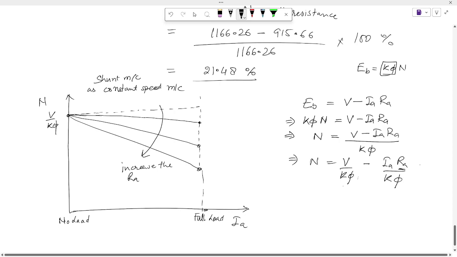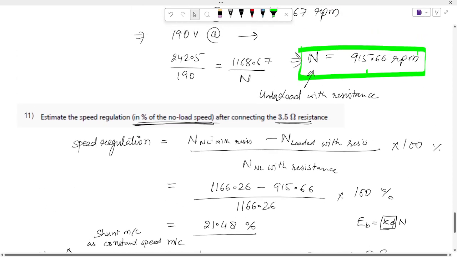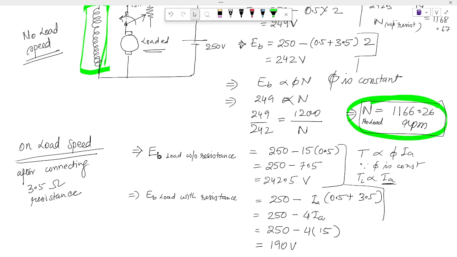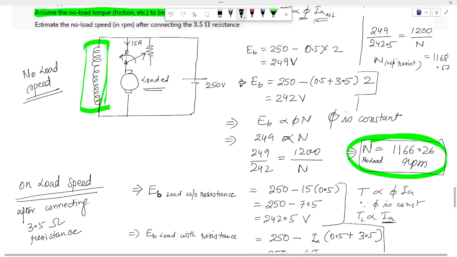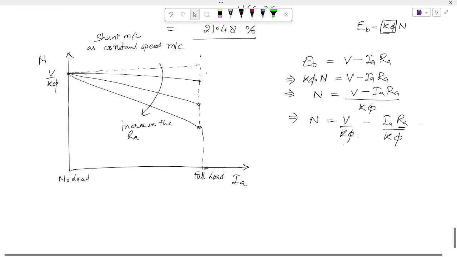See, we calculated no load speed without resistance, 1168.67 under full load condition, this was 1200.